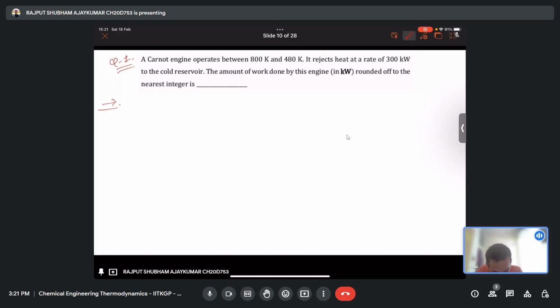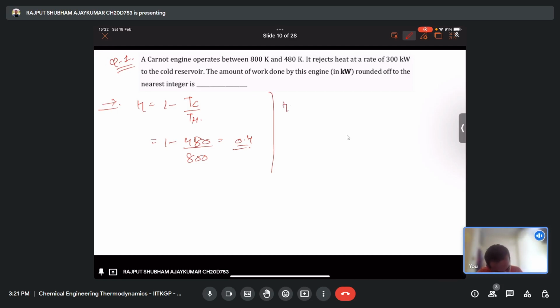So efficiency equals 1 minus Tc by Th, which we already derived. So 1 minus the cooling temperature, 480, divided by 800, which comes out to be 0.4. Now what we have to calculate is the work done by this engine.